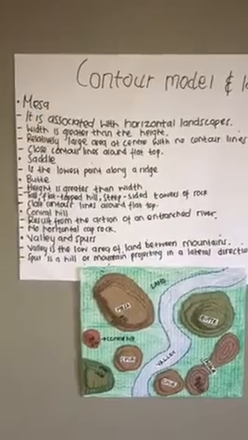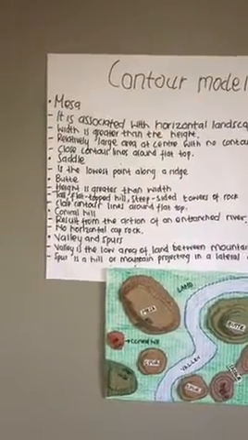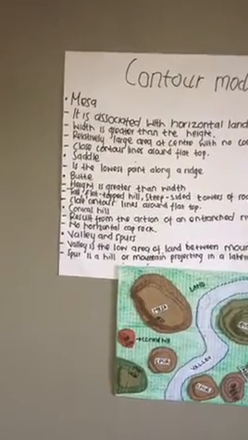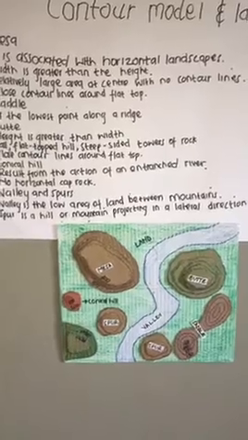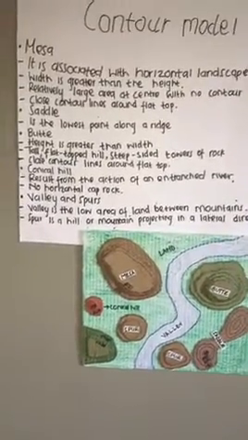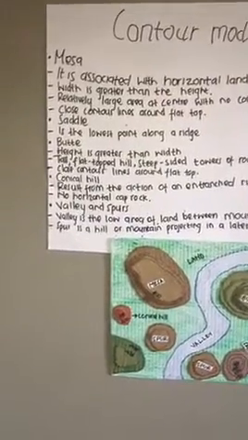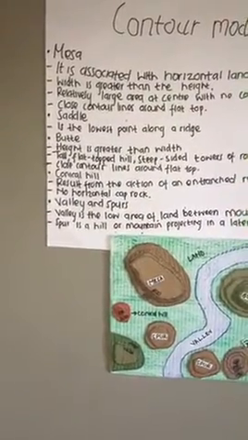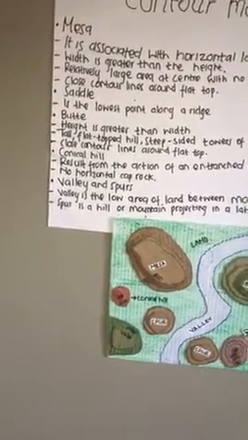The width being greater than the height of a mesa tells us that it has a large flat top. As we can see down here on the model, there is a large flat top. And also, when we look at the contour map, we can see towards the center that there is a relatively large area with no contour lines.